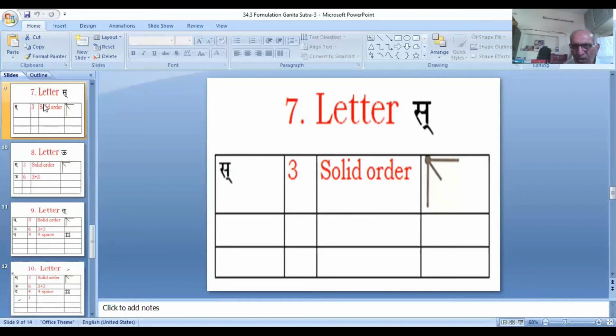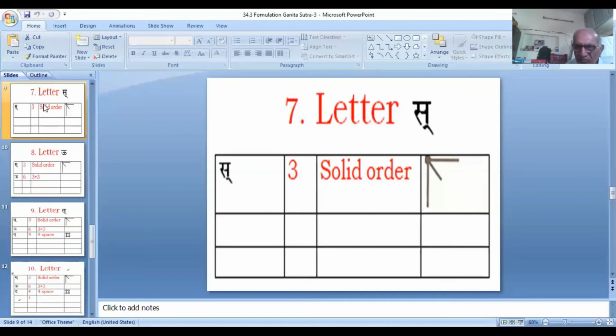So the 4-space in a dynamic state means restructuring an entry into a 5-space domain. 5-space domain is a solid order space. Therefore, in continuity, the formulation Sutra initiates entry into the solid order space in terms of a solid order.